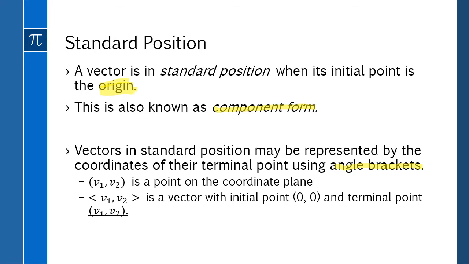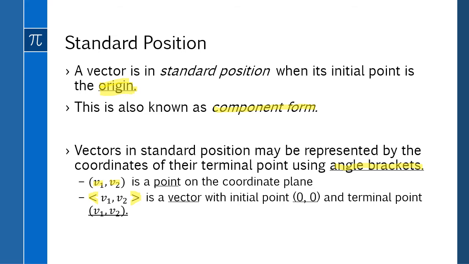And you've got to be careful with your notation here. If you see something in parentheses, something like (2, 3), that is a point on the coordinate plane with an x value of 2 and a y value of 3. If you see the same thing drawn inside of brackets, those brackets are yet another way of indicating that this is a vector.